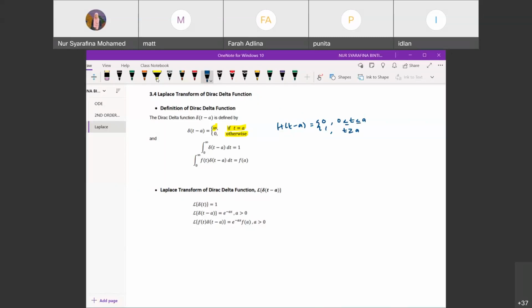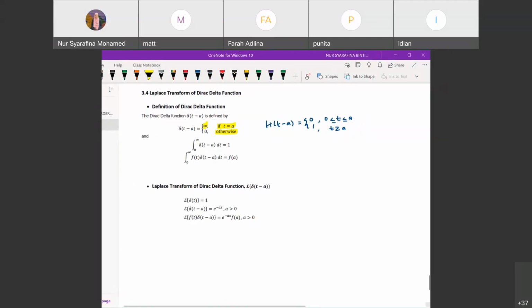Otherwise, it is 0. And if you integrate the Dirac delta function from 0 to infinity, it is always equal to 1, right? And if you integrate f(t) times the Dirac delta function δ(t minus a) here, it is always equal to f(a).